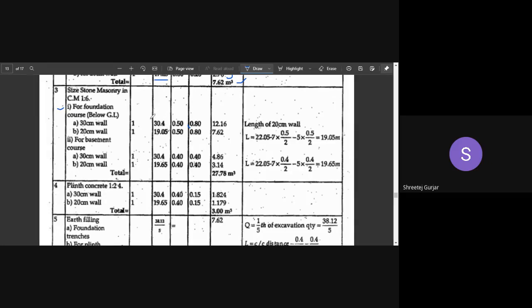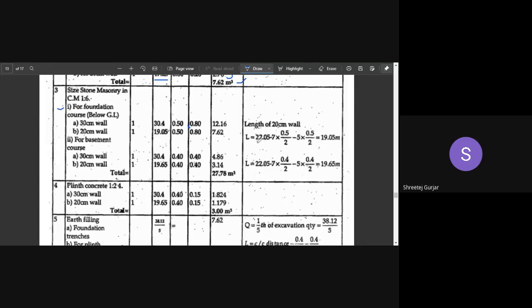No deductions for 30 centimeter wall. Coming to your 20 centimeter wall, the foundation is same for 20 centimeter wall as well, right? So the width will be 0.5, same as the 30 centimeter wall, and the depth will also be same, that is 0.8. Now coming to your length calculation, we have to substitute in that formula for length calculation.